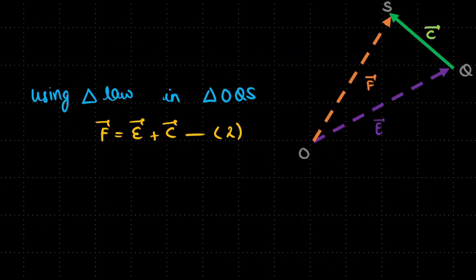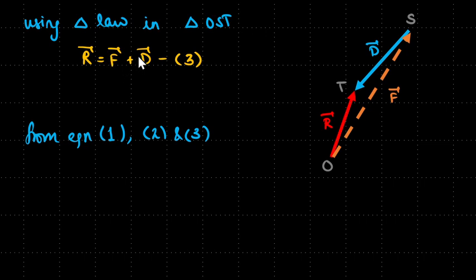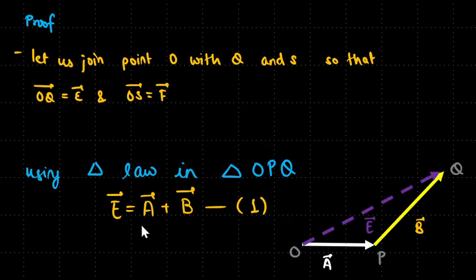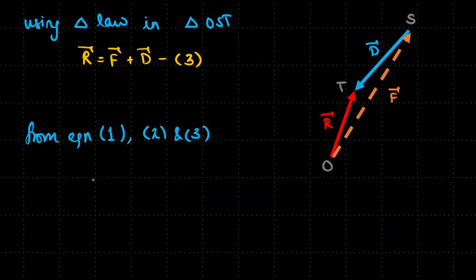We have vector R must equal vector F plus vector D, and vector F must equal vector E plus vector C, and vector E must equal vector A plus vector B, which means we got our result that we needed, which is a good thing, I think.